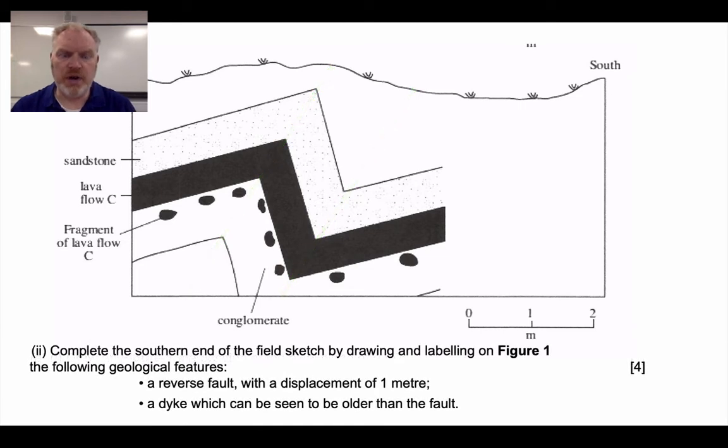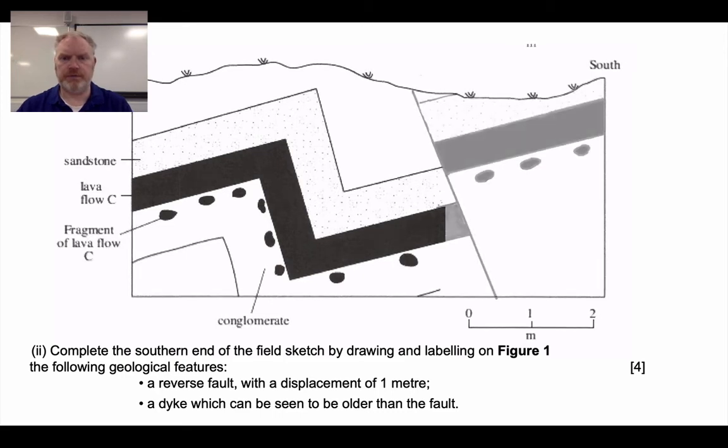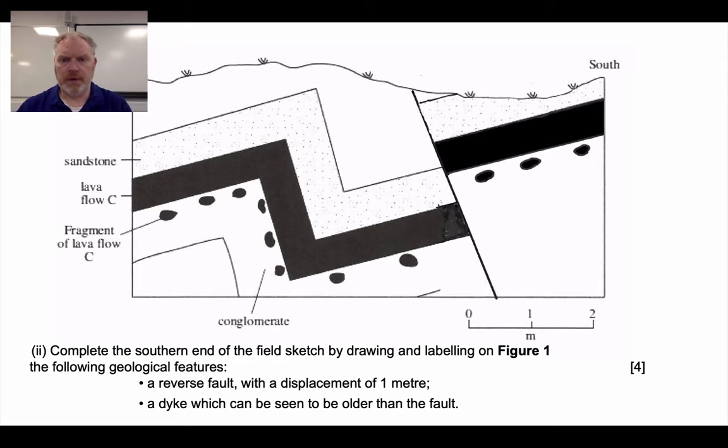I then ask you to draw in a few more geological details. First of all, a reverse fault with a displacement of 1 metre. Let me draw it in first. So we've got a fault, which is a break in the rock. That's moved all the beds, so the most obvious one perhaps is the lava flow, by 1 metre. Notice that the bed on the south side here has moved up.